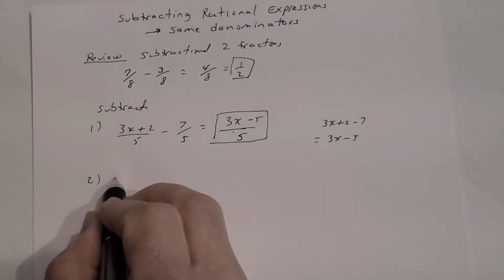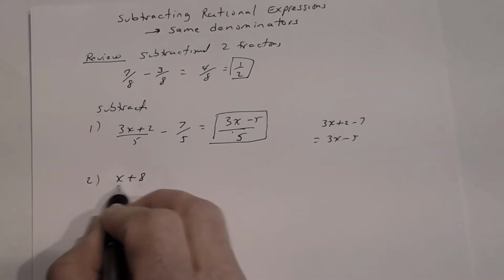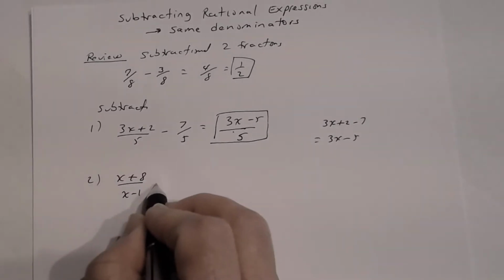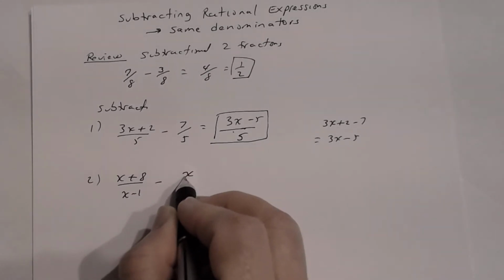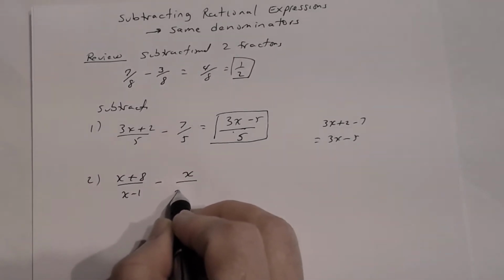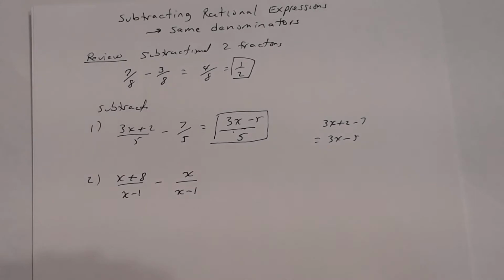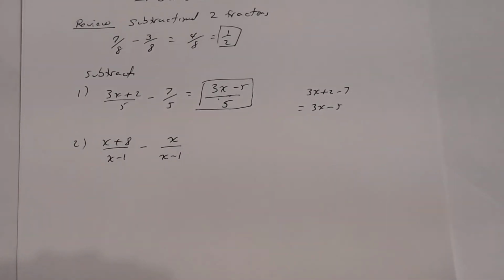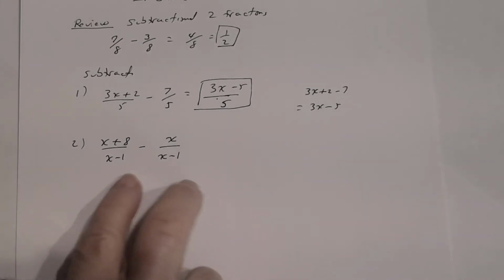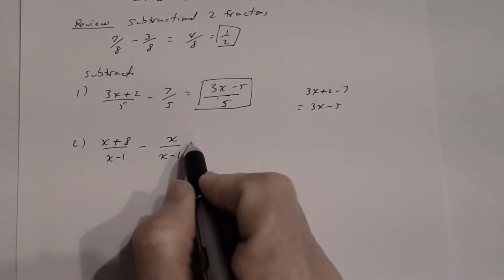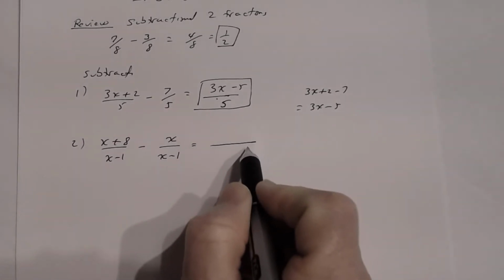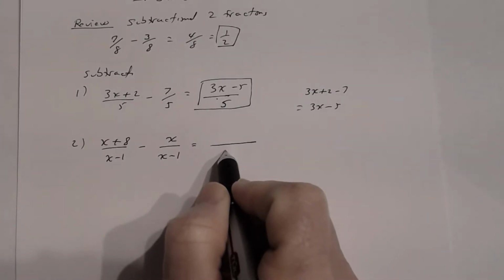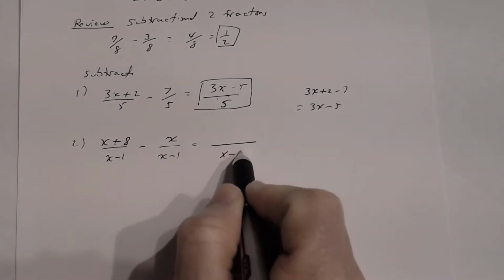Number 2, we have x plus 8 divided by x minus 1, and I will subtract this rational expression, which is x divided by x minus 1. Again, notice that the rational expressions have the same denominator. Since they have the same denominator, I can write this as one rational expression with that denominator.